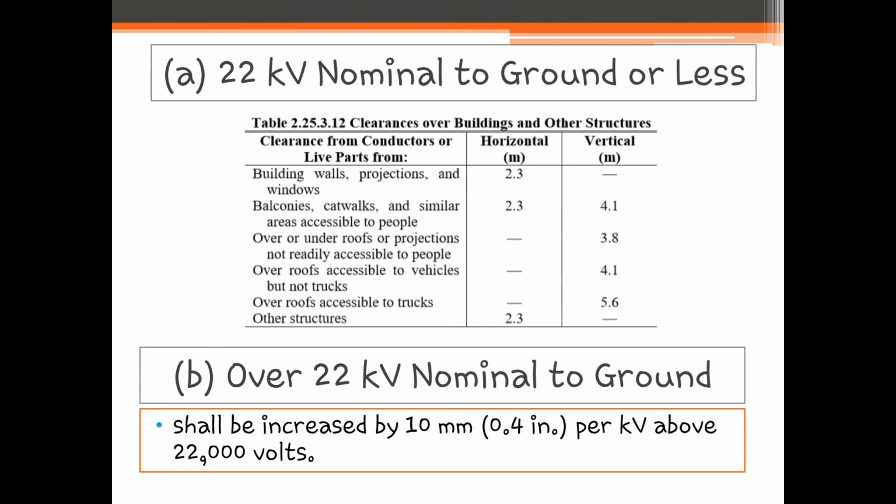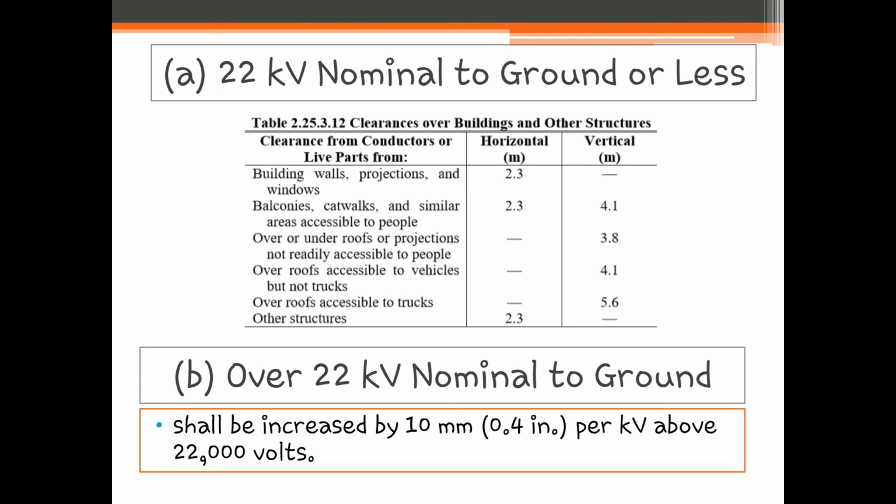So mao ni siyang values, guys. So for balconies, catwalks, and similar areas accessible to people, at least man siyang cleared siya horizontal 2.3 meter and vertical 4.1 meter for safety purposes. So and so on, guys.